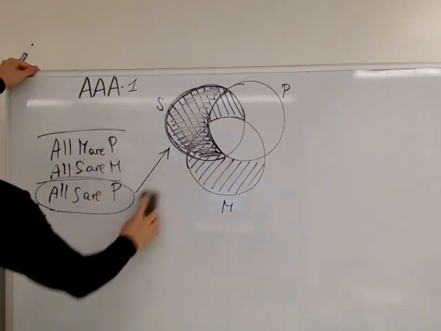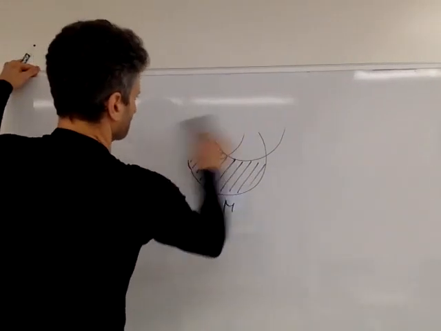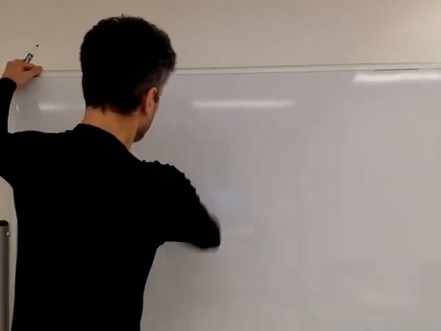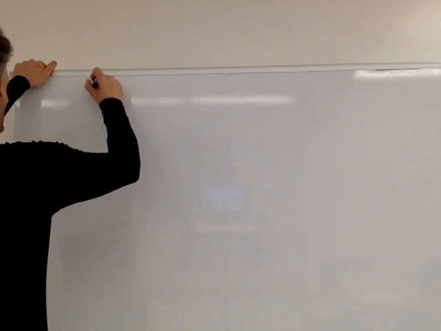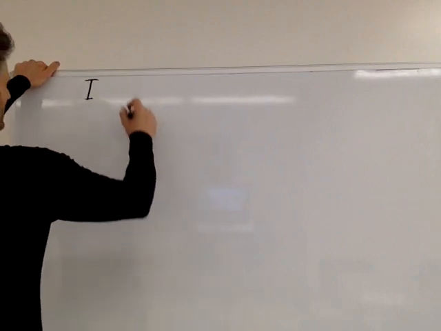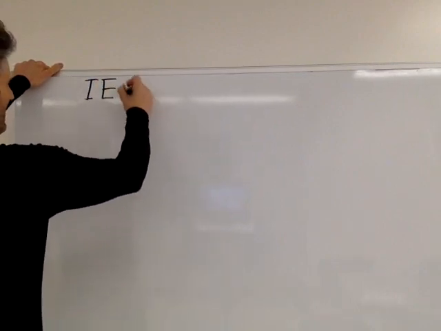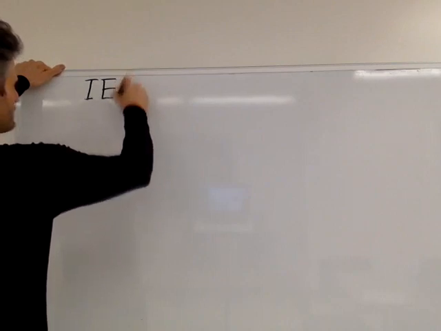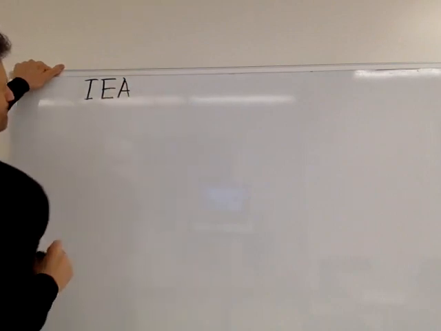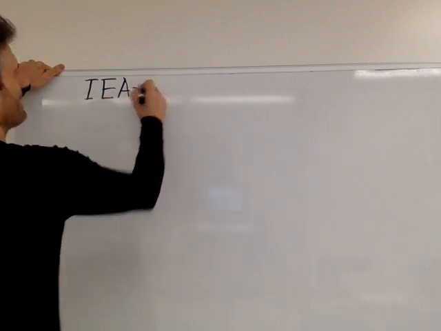Now let's change the mood completely. Let me give you an example of a completely different mood. Let's start with an I, and the second one is an E, and we end with an A. I, E, A. Let's say number 1.